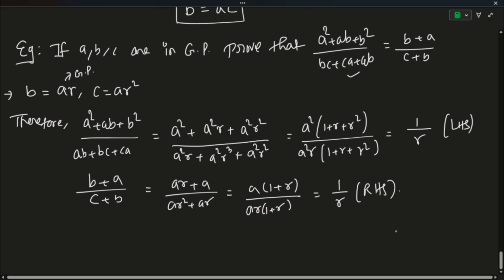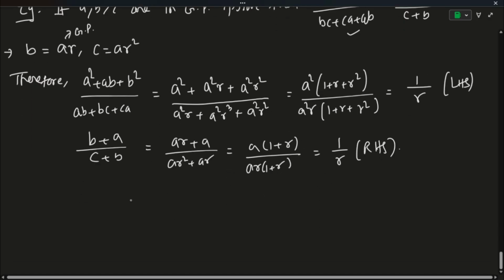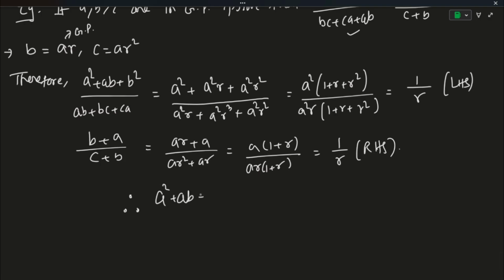And therefore since LHS is equals to RHS, therefore it is proved that A squared plus AB plus B squared whole divided by AB plus BC plus CA is equals to A plus B by B plus C. This is proved. Okay.